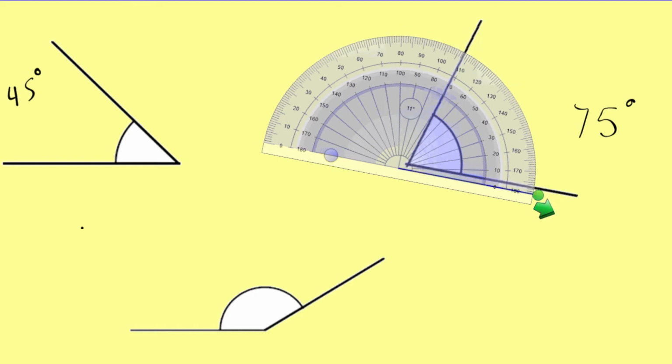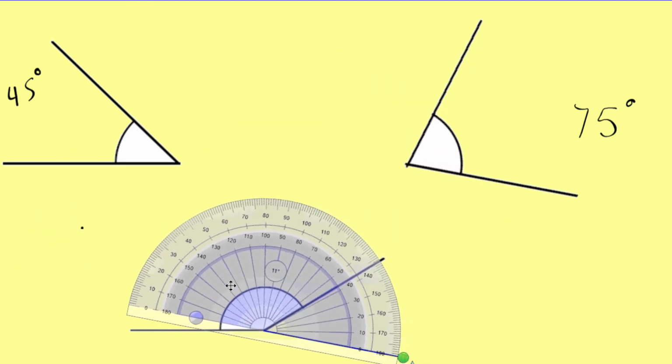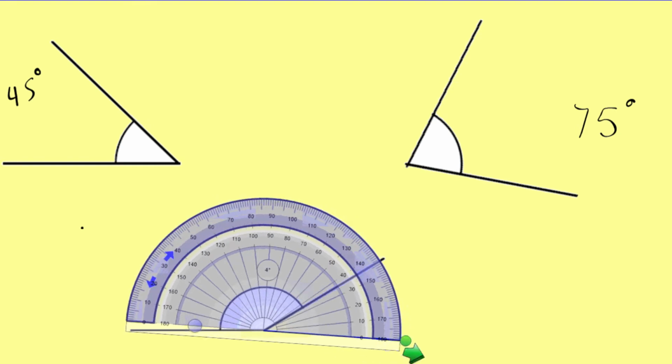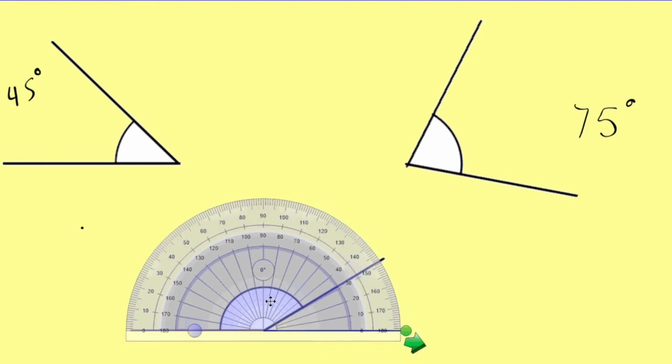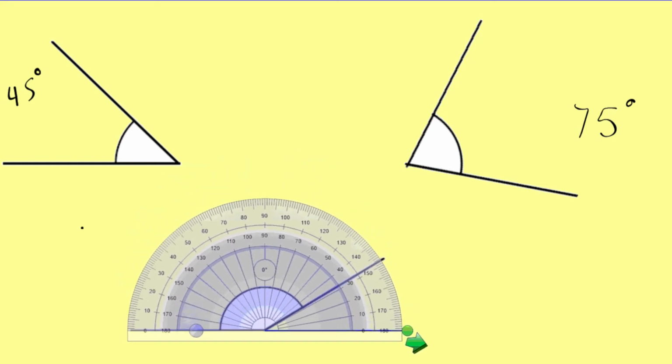Next one, remember this is an obtuse. So we know that it's going to be a number greater than 90. So we've got the line on this side. We move this up. So here's our line. I'm going to put the center of my protractor in the corner again, and I'm going to use the outside numbers to count round to 147, or even 148, let's say. 148 degrees.